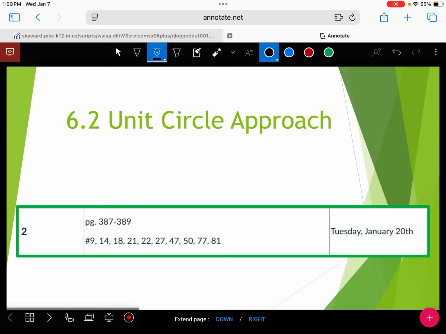Now, who had Miss Kuznick last semester? All right, so I do homework very similar to how she does it, where we are going to grade it with a red pen. And as long as you have attempted, you have to show work. I know that there is AI and photo math out there, so you have to show me your work.